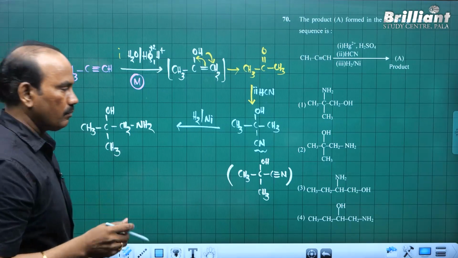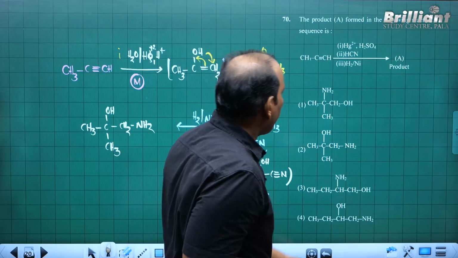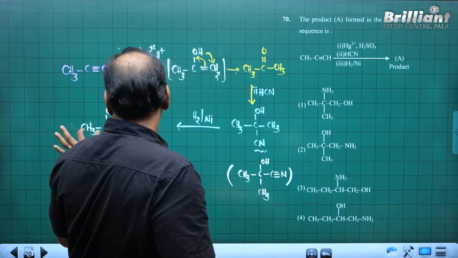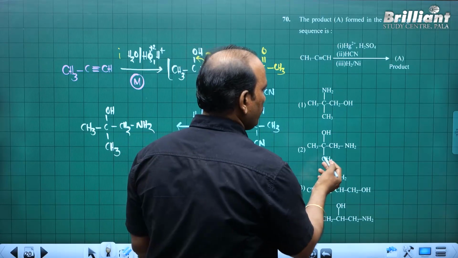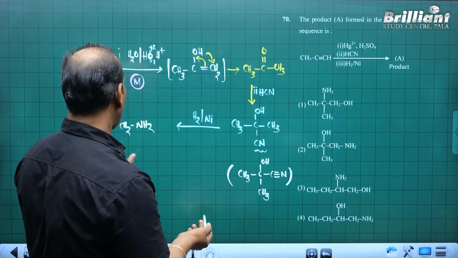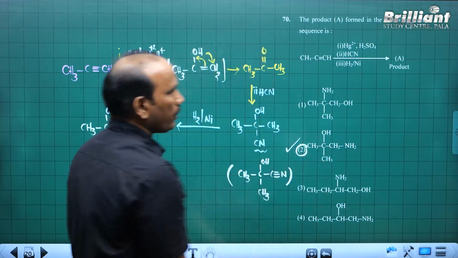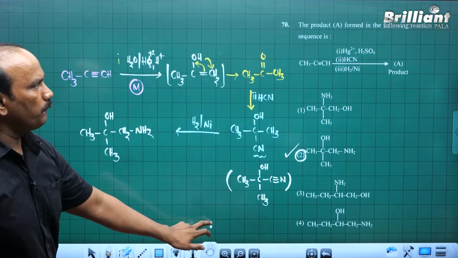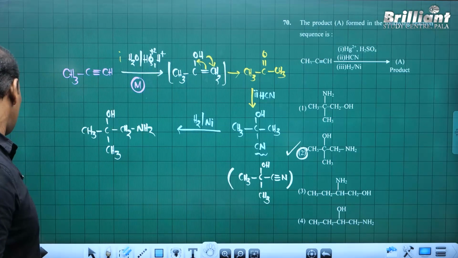Clear? Okay. What is the option? The option is CH3 OH, NH2 tertiary. This is the option. Okay. This is also simple. Next one.